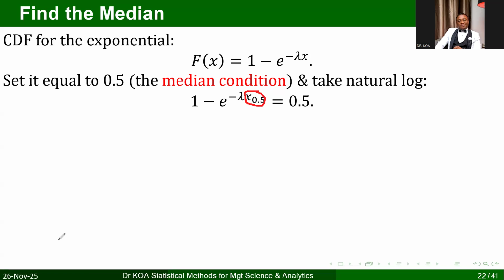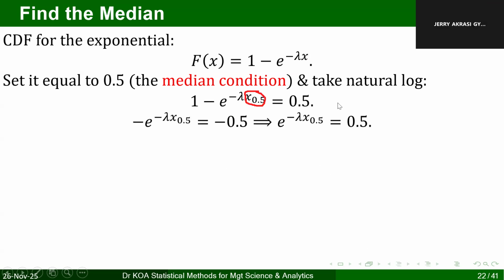Now, how do you find that? Well, one thing you can do, first of all, is to start moving things away from the x. How do you move things away from the x? Well, you can subtract 1 from each side. Yes, you can subtract 1 from this, so that this 1 will go, and it's 0.5 minus 1.